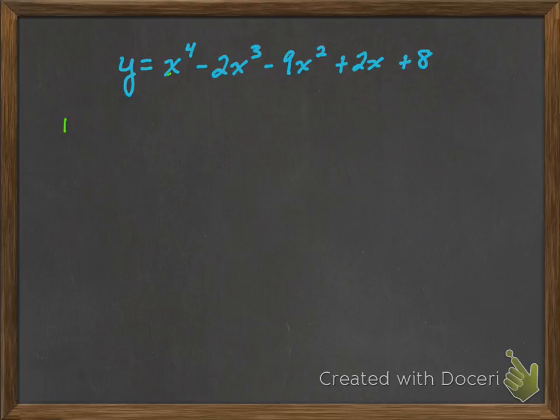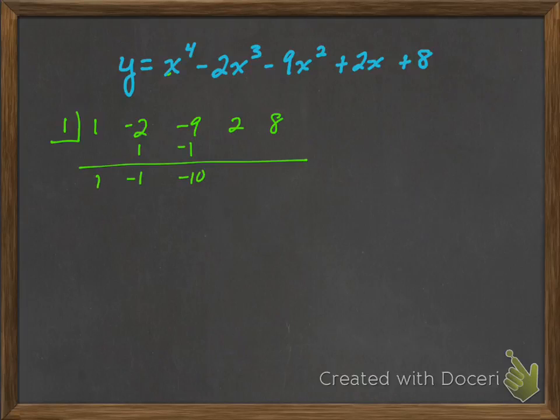So, for example, if I take the number 1 and I divide it into this polynomial, 1, negative 2, negative 9, 2, and 8, and just do your synthetic division, you find out that your remainder is equal to 0.